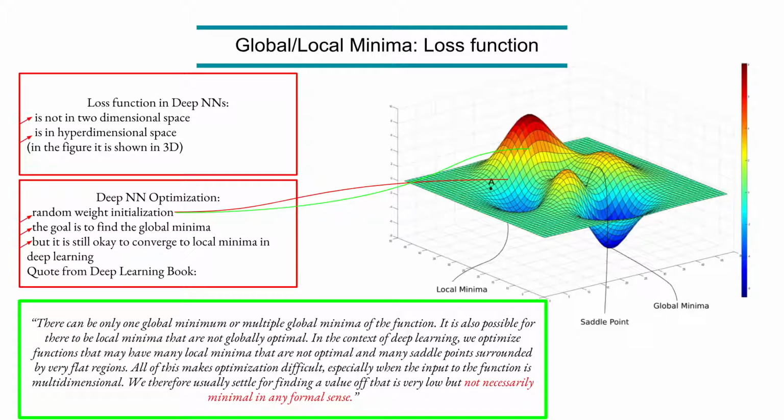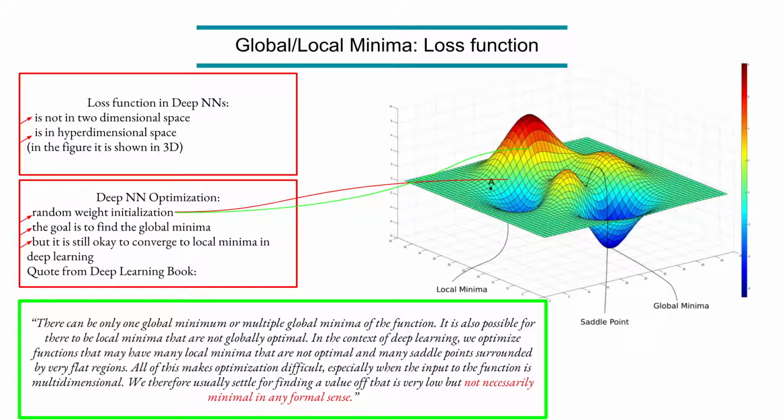But we usually try to classify images with values from 0 to 255. So this is really multidimensional input. We therefore usually settle for finding a value that is very low, but not necessarily minimal in the formal sense.